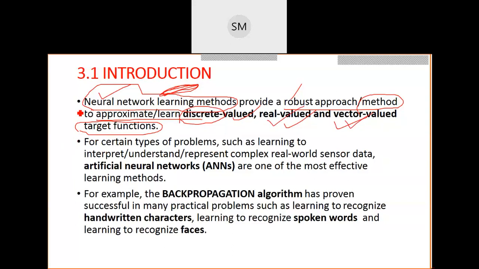For other types of problems, such as learning to understand or represent real world sensor data, we also use these neural networks.